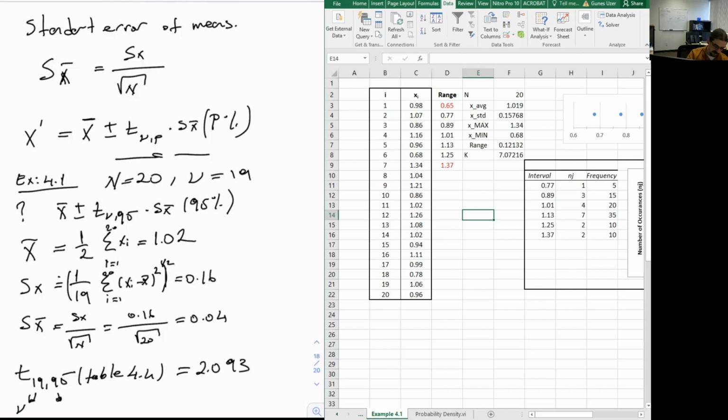Therefore, my confidence interval is 1.02 plus minus 0.008 at the 95th percentile. You can define a confidence interval based on your sample statistics, and that's what you're going to do in your laboratory as well. We'll talk about it this week. Thank you.